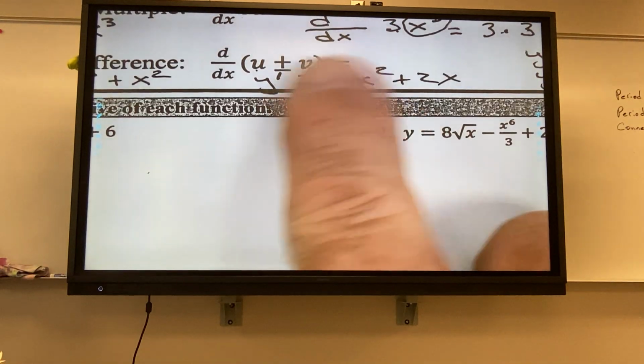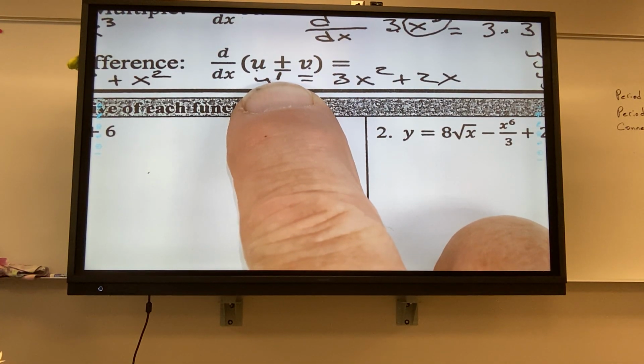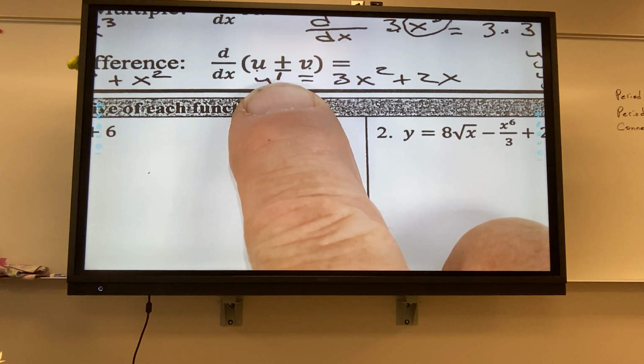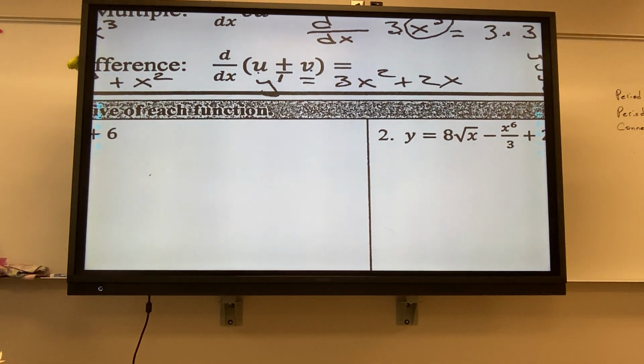Oh, this is y prime. That's why it looks like a one, because I didn't make it slanty enough. So you just take the derivatives individually. Okay? I don't want to make it too simple if there's something I needed to do a better job of explaining.